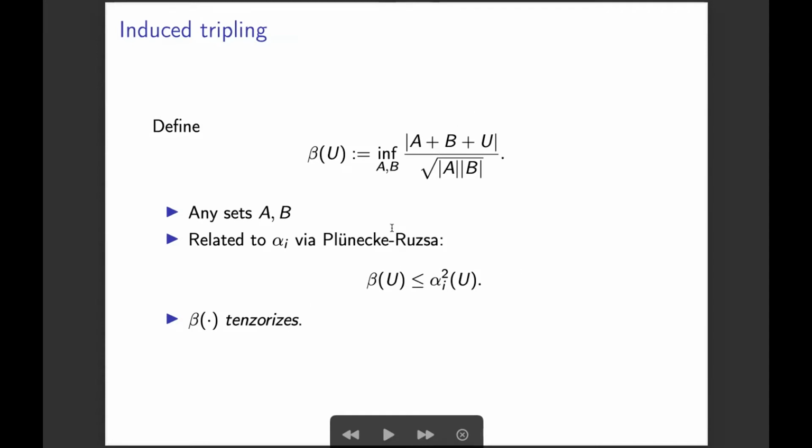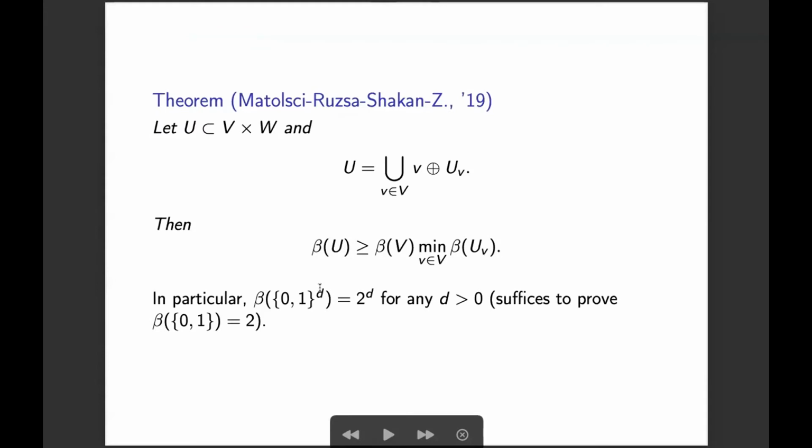And the key property of beta is that it actually tensorizes. So you can relate beta of a set by looking at projections of this set with respect to multiple slices that we're going to look at in what follows.